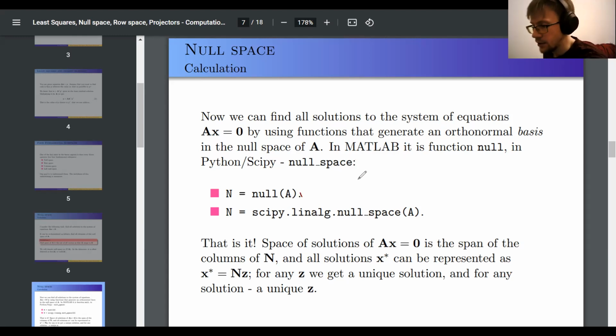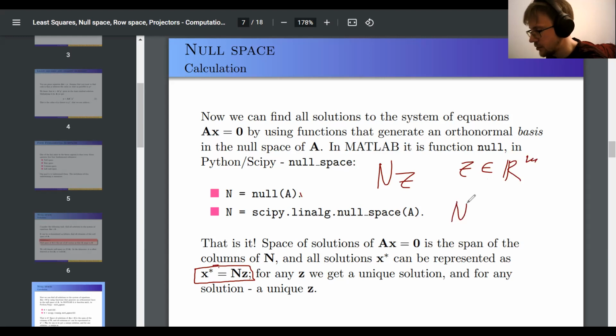Okay. All right, so back to this equation. You can see every solution can be written as multiplication: we have this N, the null space of A, and you multiply it by some vector z, which lies in Rm, given that N is in Rn by m.